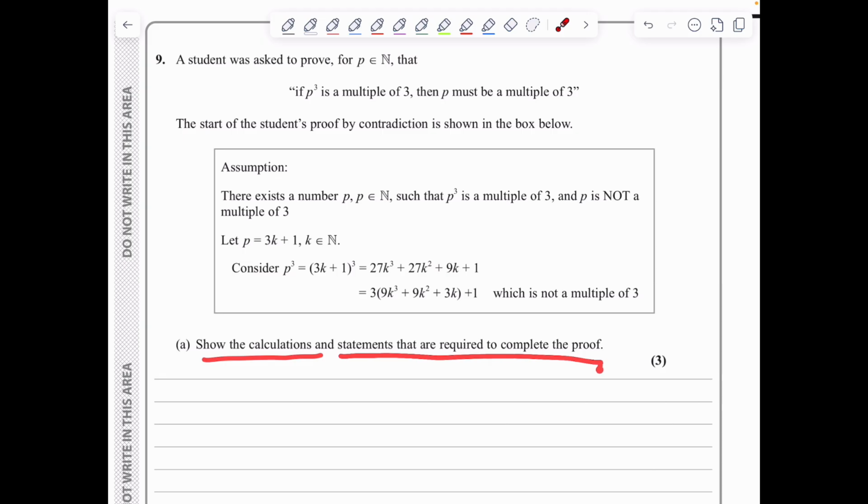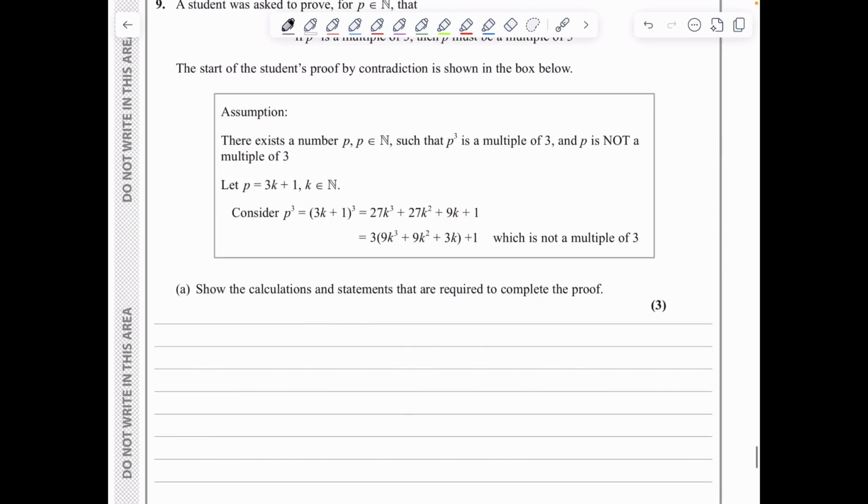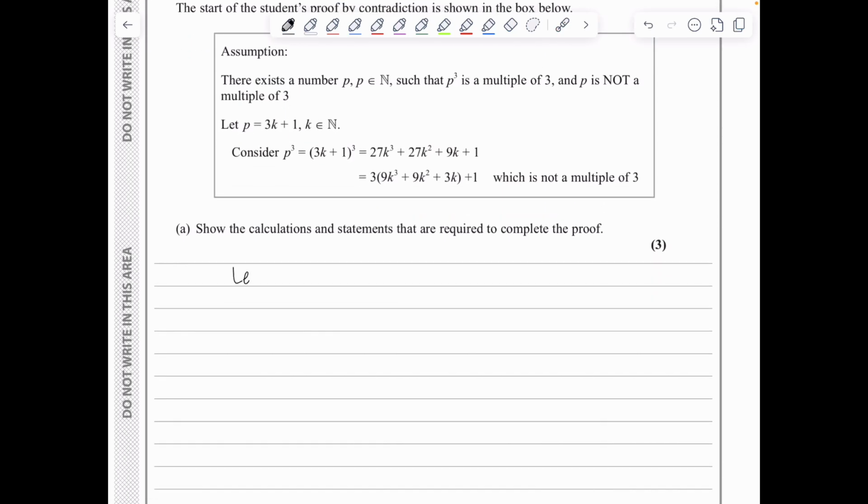Now, we have started by assuming that p is not a multiple of 3, so it could be a multiple of 3 plus 1, or alternatively, we could consider p being equal to 3k minus 1, so we're saying that p is 1 less than a multiple of 3, where k belongs to the natural numbers. Then we consider p cubed, and we're trying to show that this is not a multiple of 3.